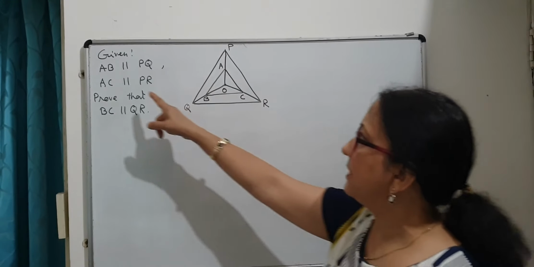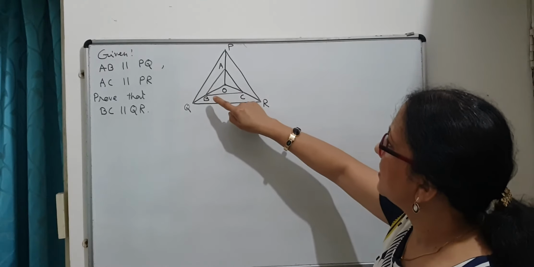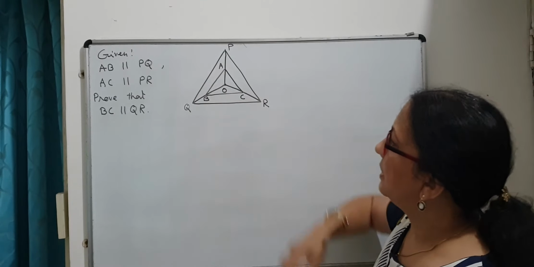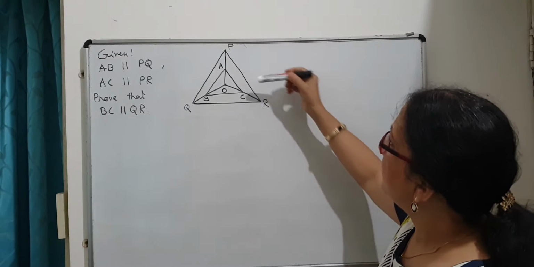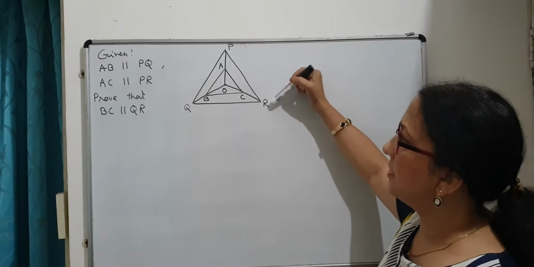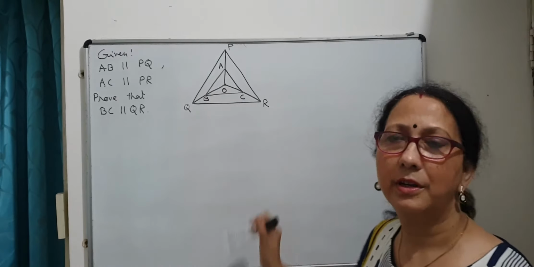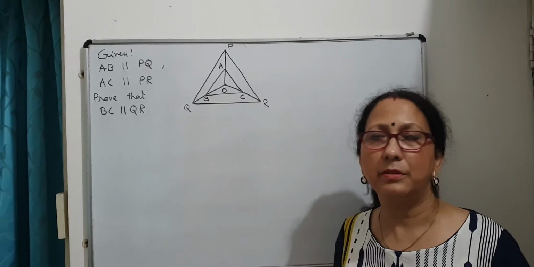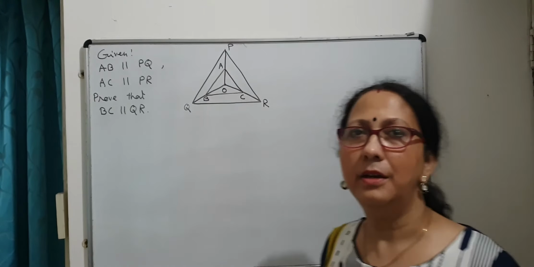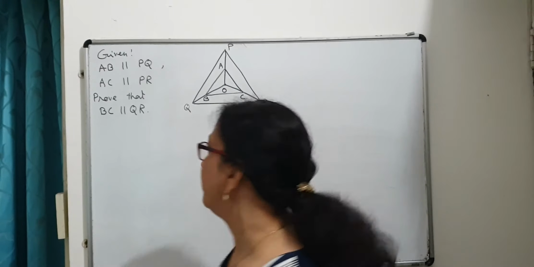It is also given that AB is parallel to PQ, and AC is parallel to PR. These are given, and you have to prove that BC is parallel to QR.